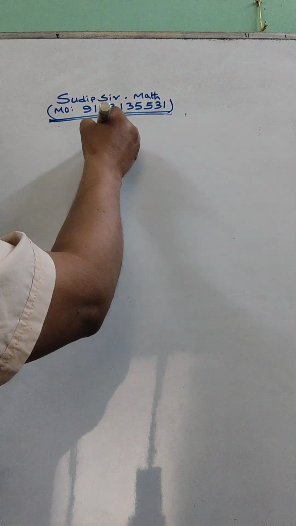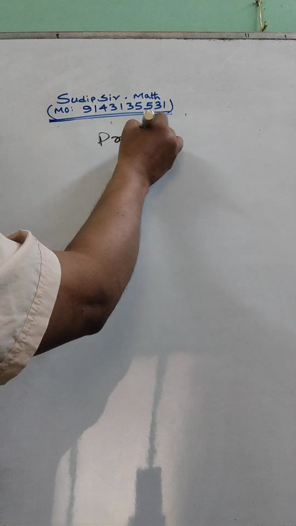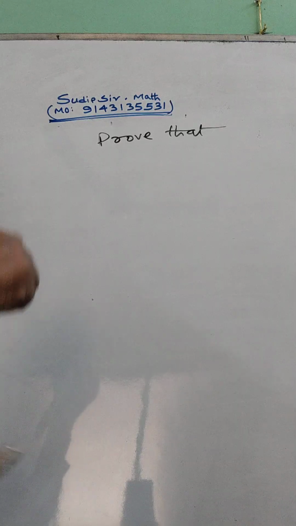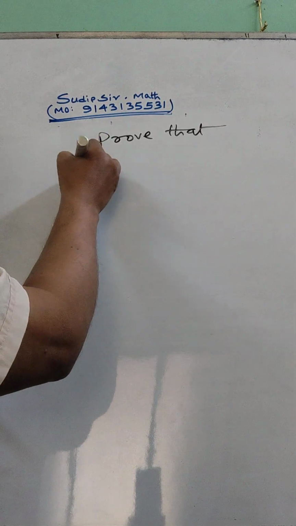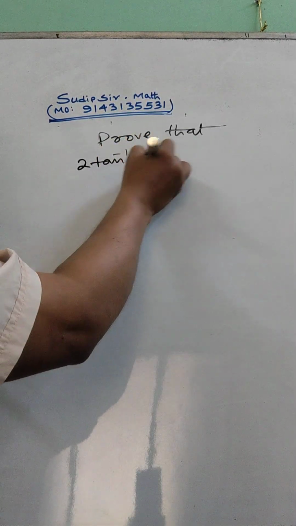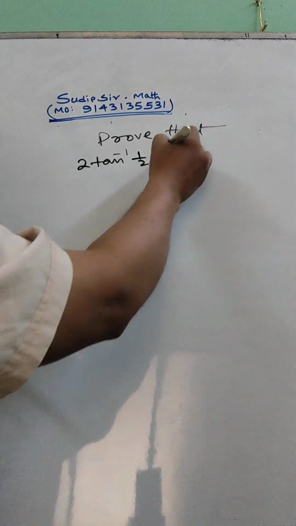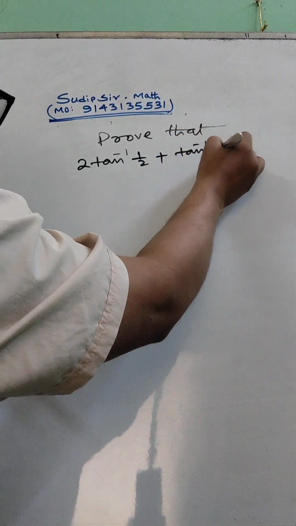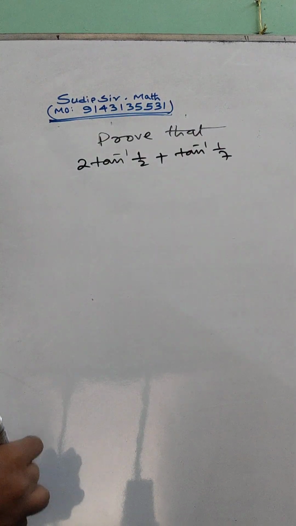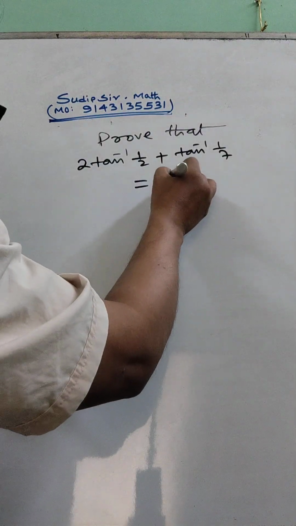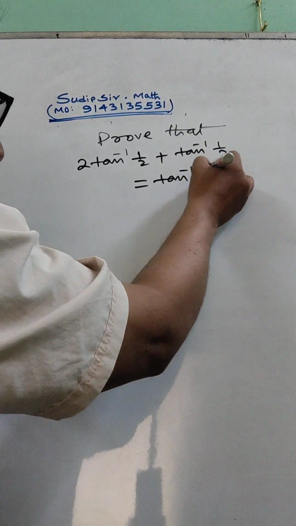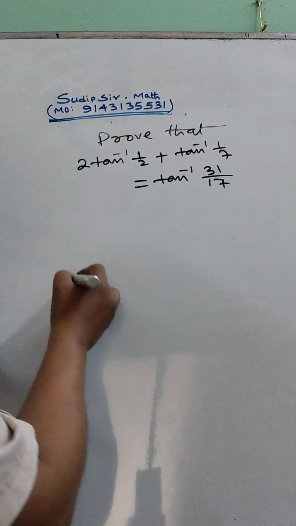Suppose given, prove that 2 tan inverse half plus tan inverse 1 by 7 equals tan inverse 31 by 70.